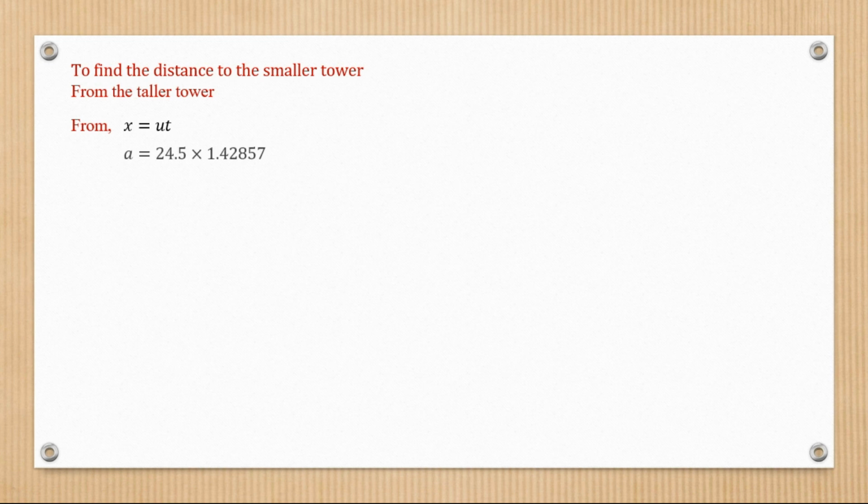The horizontal distance x we're looking for is A. We already know our initial velocity is 24.5, so we put that there, and we've also found the time it takes until the ball reaches the smaller tower, which is 1.42857 seconds. When we multiply those, we get A as being equal to 35 meters. That's what they wanted in the first question. So the distance between the two towers is 35 meters.